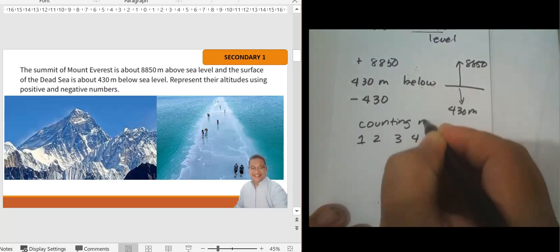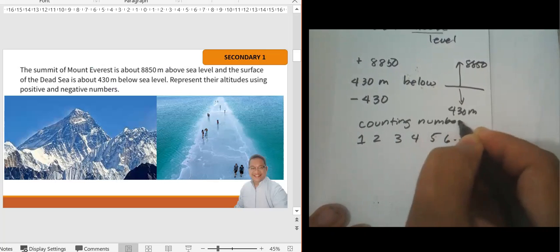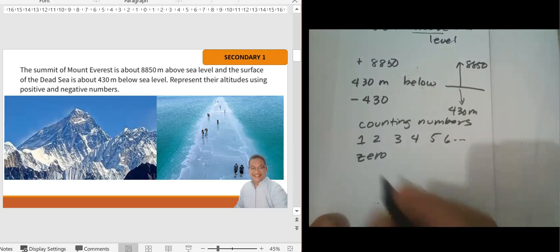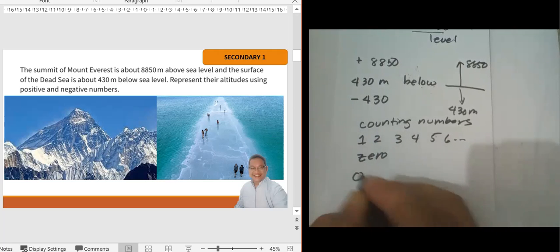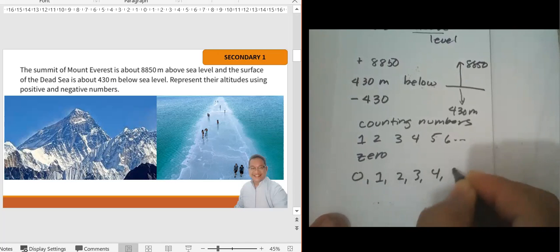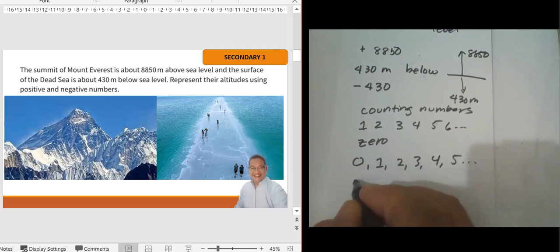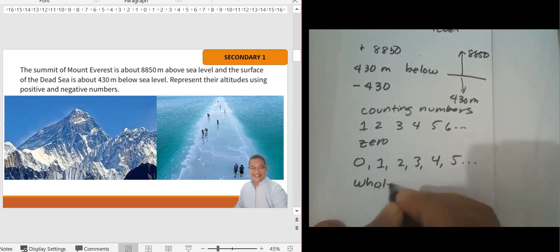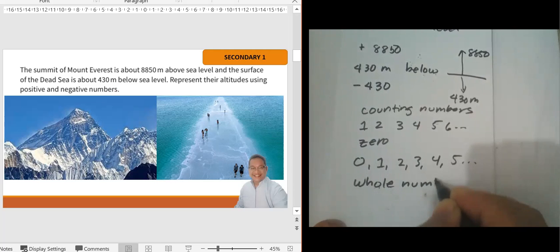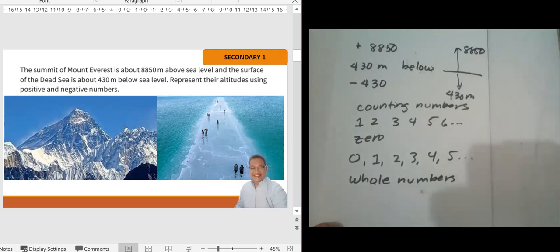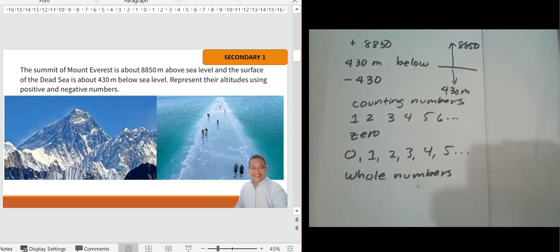And after that, you learned the concept of zero. So when you add zero, 0, 1, 2, 3, 4, 5, and so forth, this set of numbers is called whole numbers. Without zero, they are called counting numbers. With zero, they are called whole numbers.